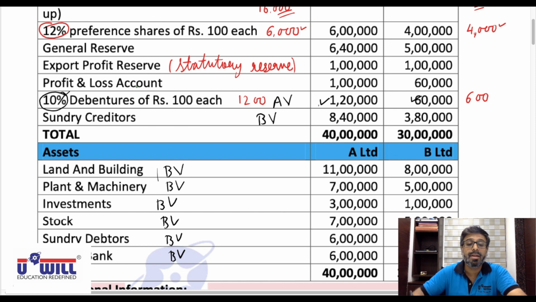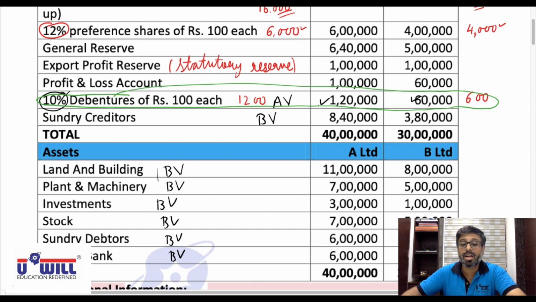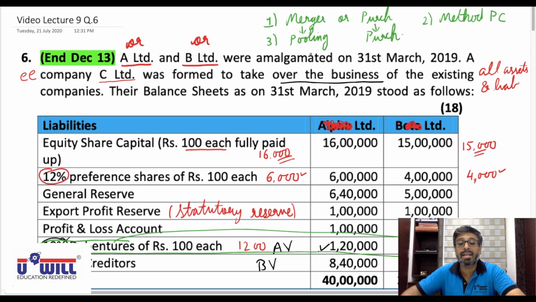However, debentures are not taken at book value. They are taken at agreed values. Instead of 1,20,000, 80,000, instead of 60,000, 40,000. So it is amalgamation in the nature of purchase. The second condition of merger is not satisfied. What is the second condition of merger? All assets and liabilities of transferor companies must be taken at book value.